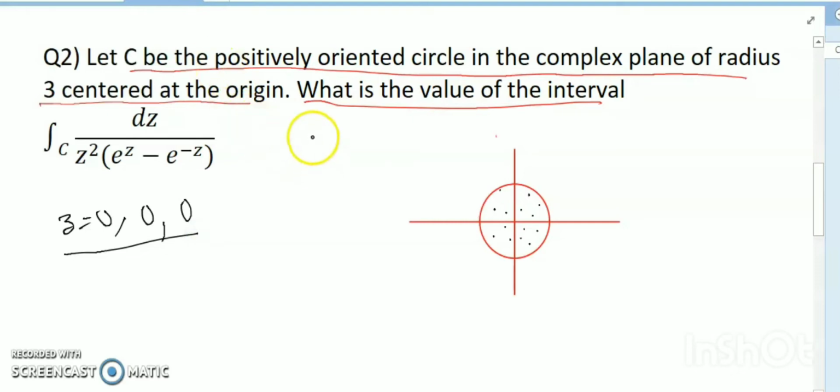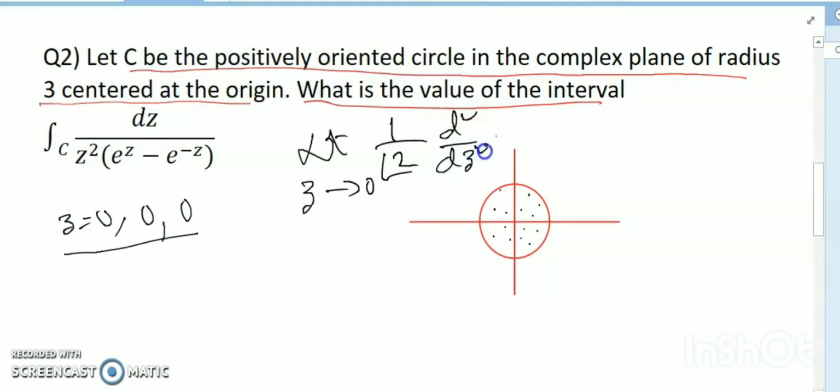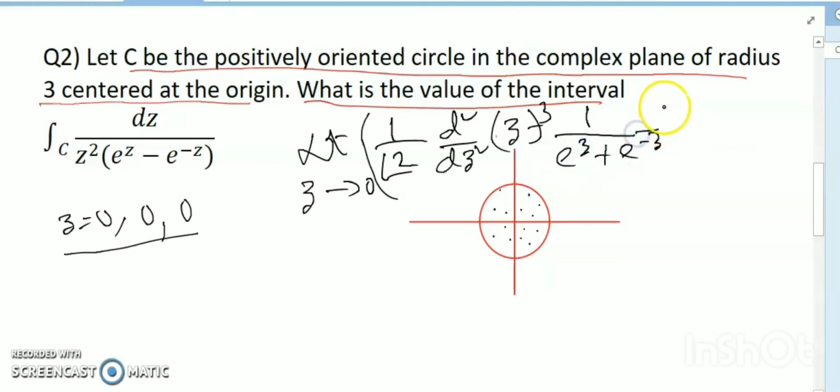So these are my poles. So the formula is, you know, the limit z tends to 0 of 1 by 1, and another formula is d square by dz square of z cube into 1 by e to the power z, e to the power minus z, you can multiply, and after that you can use the simple formula.